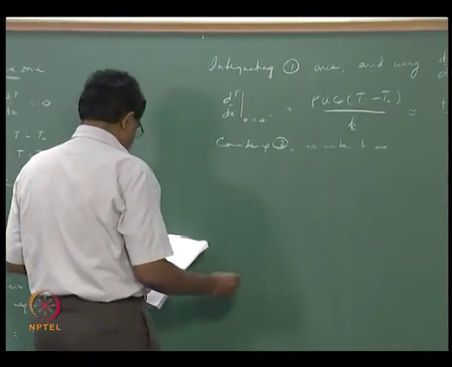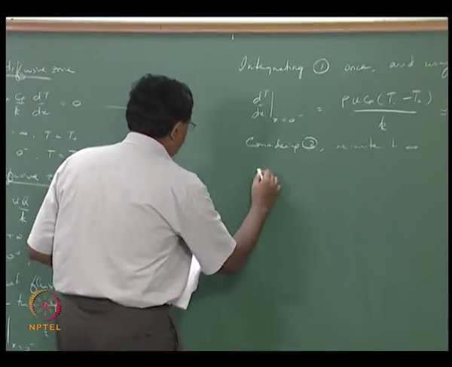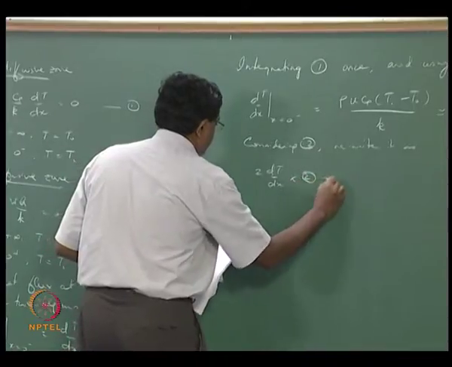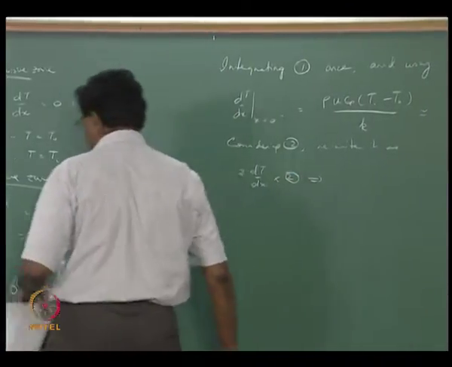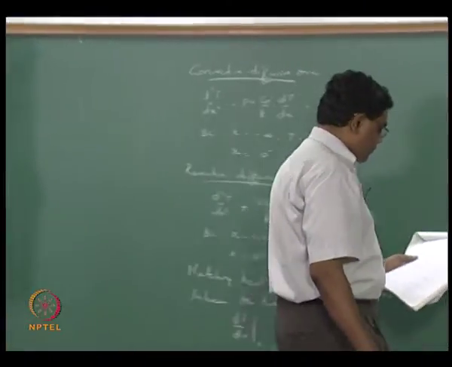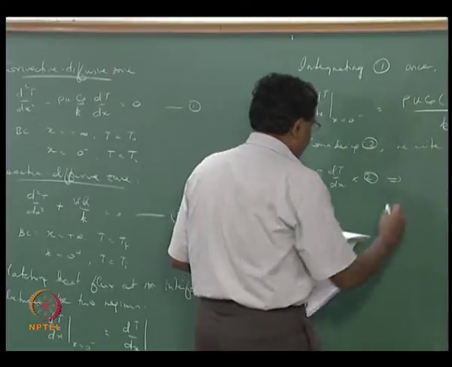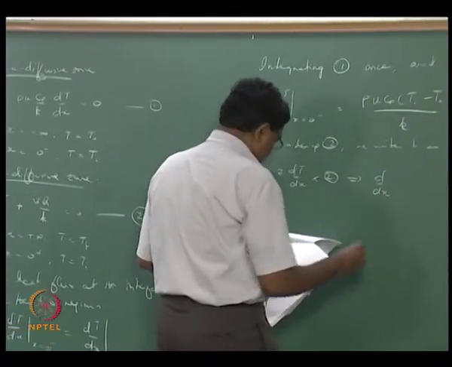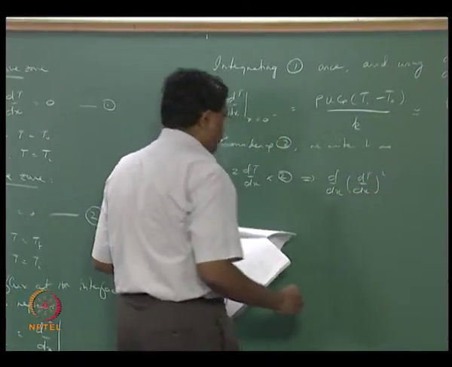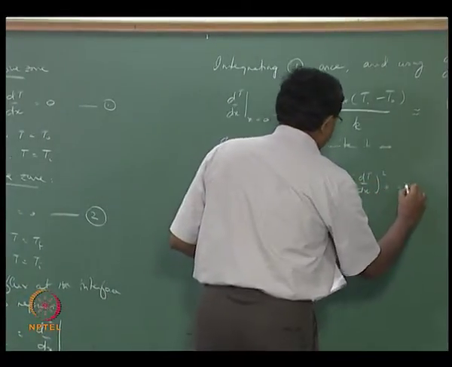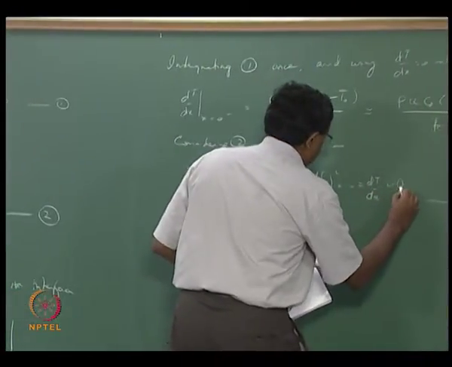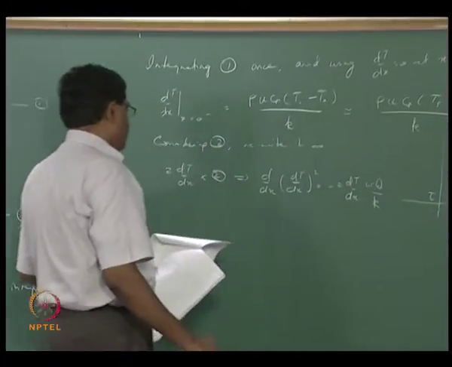If you now multiply this equation by twice of dt by dx all the way through, then it's possible for us to write this as d by dx of dt by dx the whole squared equal to negative 2 dt by dx wq divided by k, right.